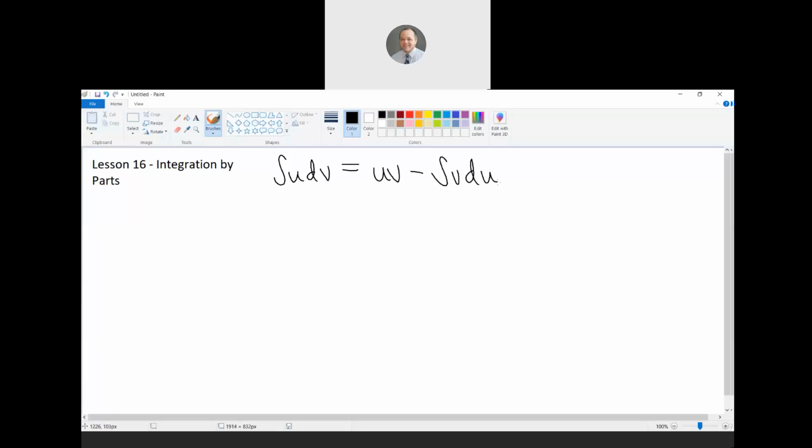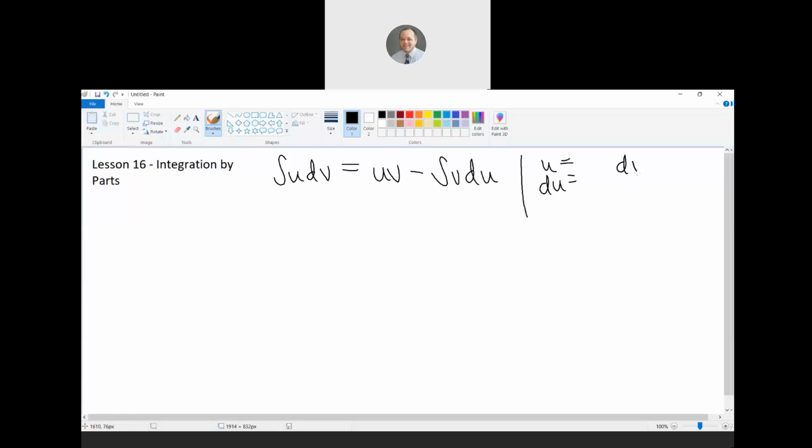Now, how you find u and du is the same as finding the u and the du for regular u substitution. So that part hasn't changed. In order to identify and find dv and v, you have to integrate.